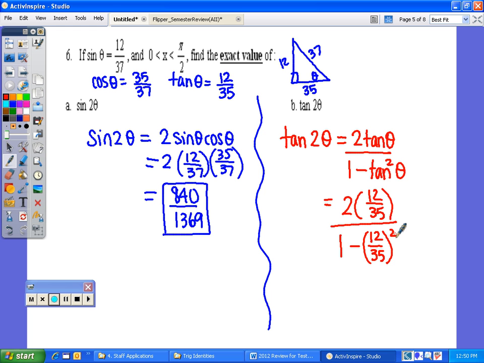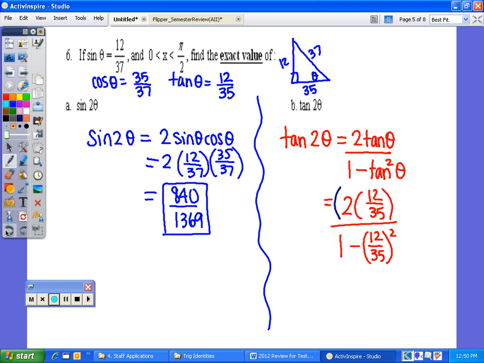squared. Now when you put this in your calculator, just make sure that you use double parentheses. So put parentheses around here in your calculator, then press divided by and put parentheses around here. Because that's the only way that you're going to be able to solve it nicely, because your calculator likes to do things in chunks.